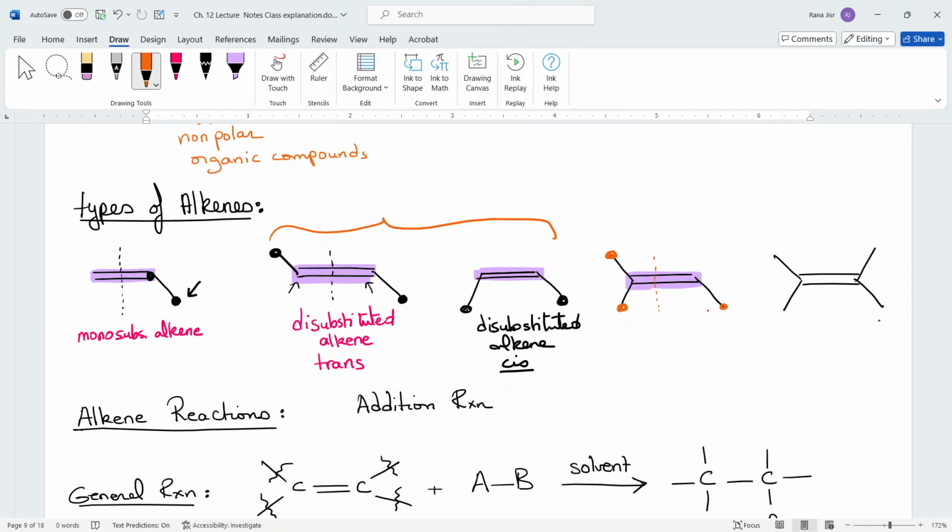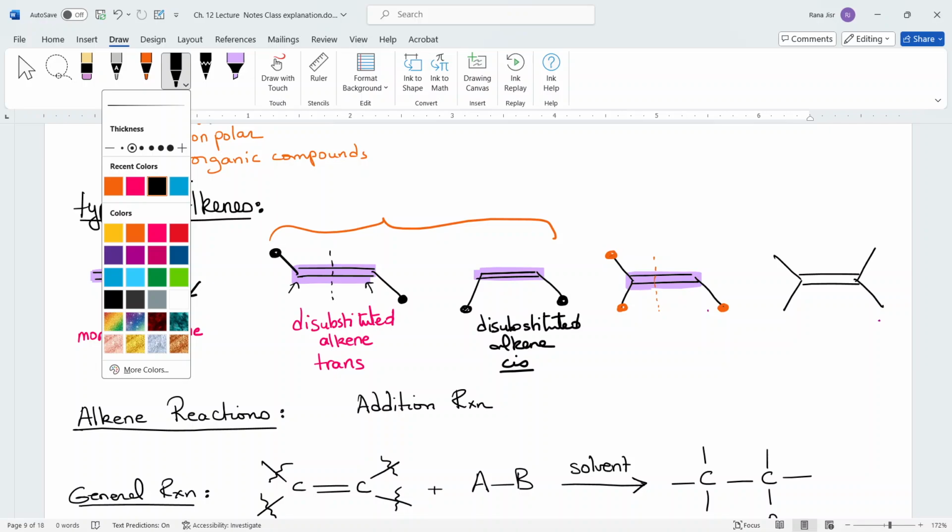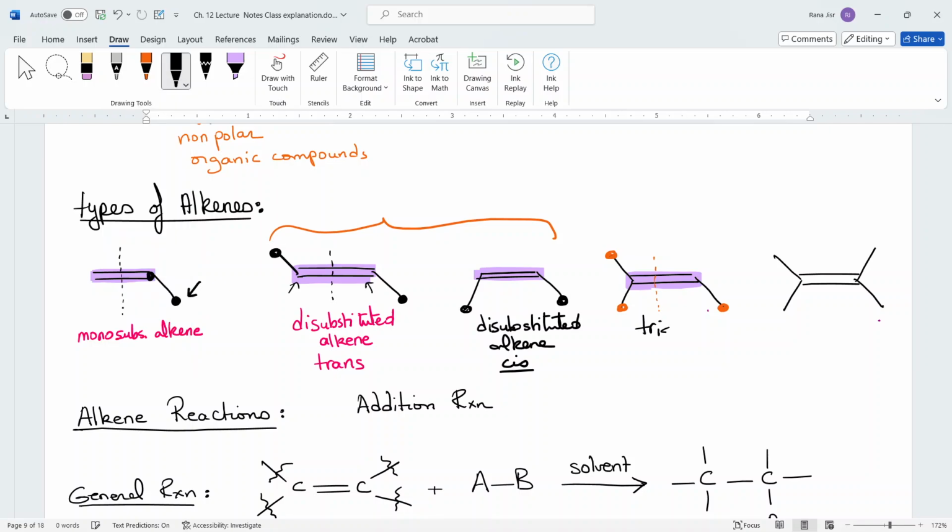So in this case, you have a total of 3 carbons around the double bond. So we're going to call this a tri-substituted alkene.